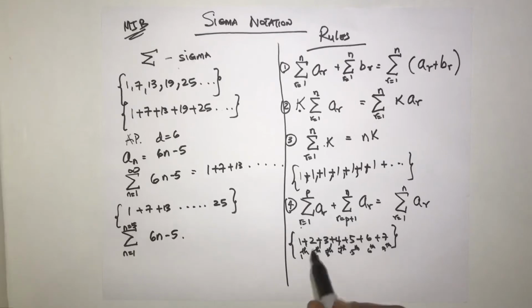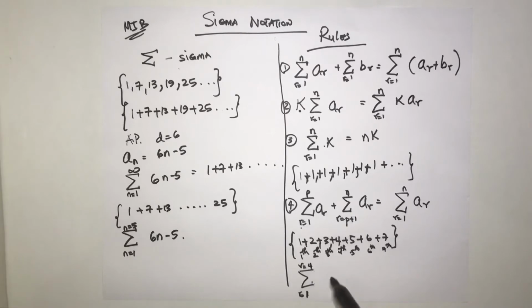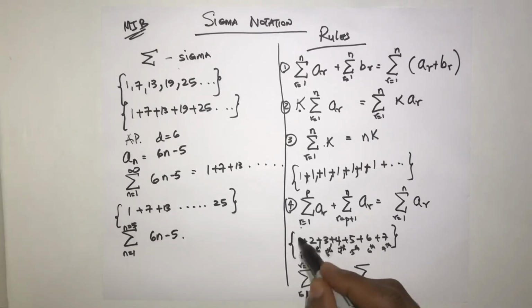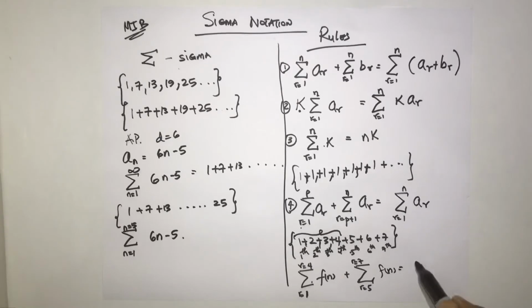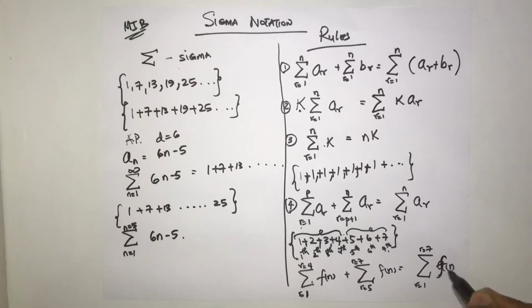Now, if you're summing from the first term, where r is equal to 1, to r is equal to 4 of the function, plus you're summing from r equals 4 plus 1, so you're starting at 5, to 7 of the same function, then this is equivalent to summing from r equals 1 straight to 7 of the same function.